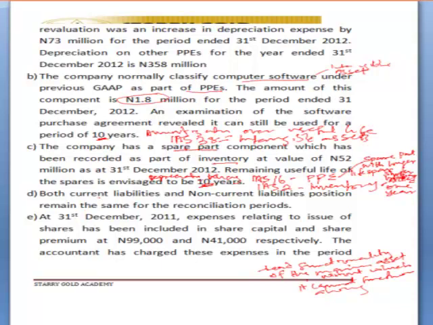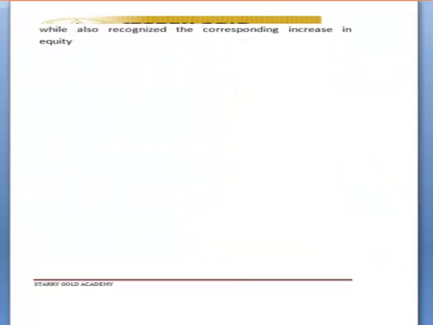It says at 31st December 2011, expenses relating to the issue of shares had been included in share capital and share premium at 99,000 and 41,000 respectively. The accountant has charged these expenses in the period. We also recognize the corresponding increase in equity.